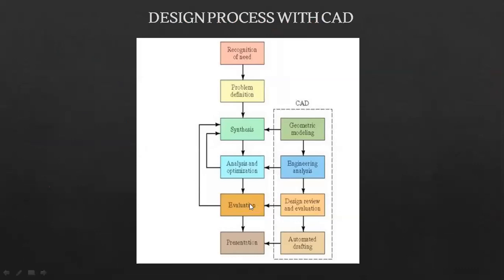As you had said, after evaluation, what do you do in evaluation? You check it against the problem definition phase, wherein we had defined the problem, the design specifications. So we will check whether what we have got is what we wanted, right? If no, then you'll go again to the synthesis phase to try out another concept.